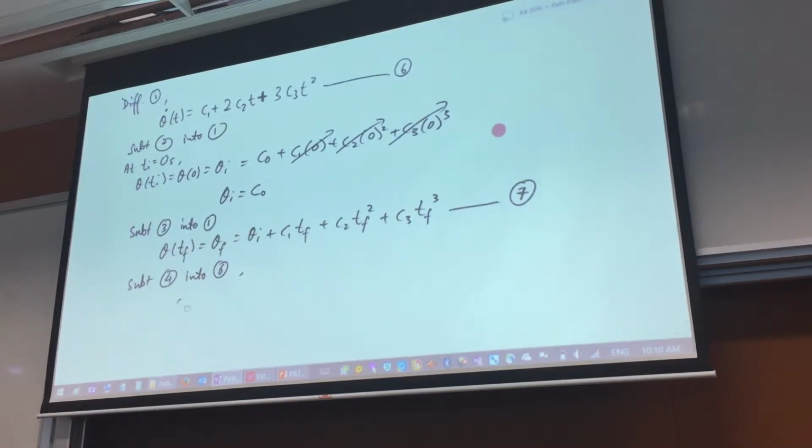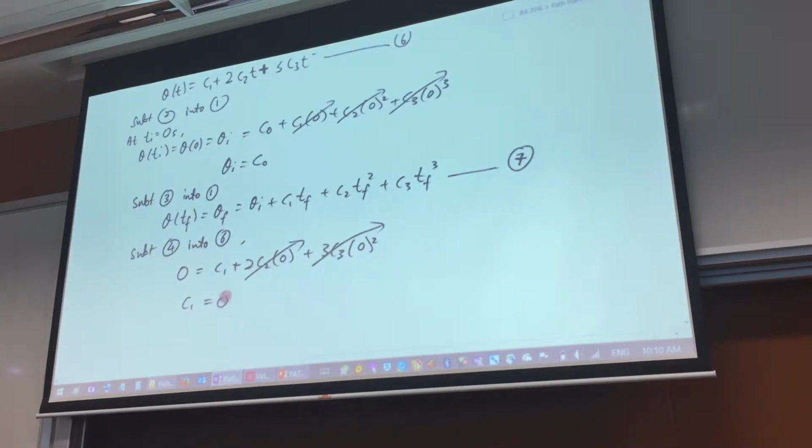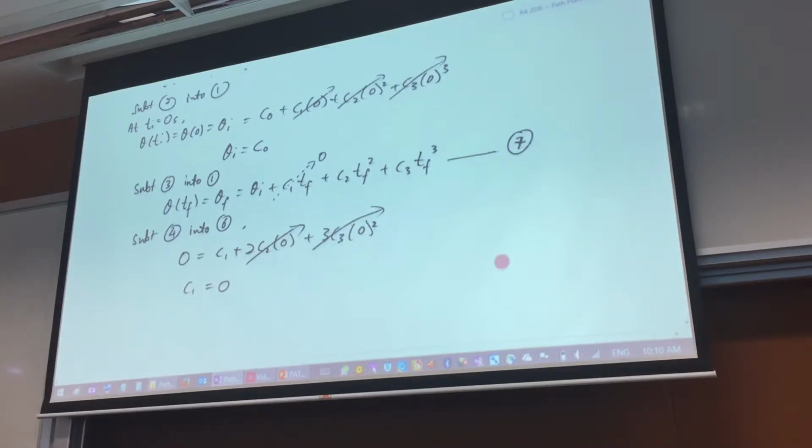So that's 0 equal to c1 plus 2c2 at time equal to 0 plus 3c3 at time equal to 0 squared. So I can solve that. All this will be gone. I have c1 equal to 0. I'm going to put that in here already. So this c1 is equal to 0. But later on I'll make use of this equation 7.